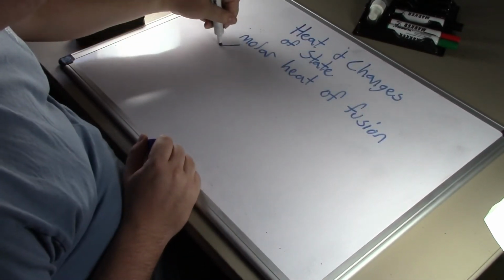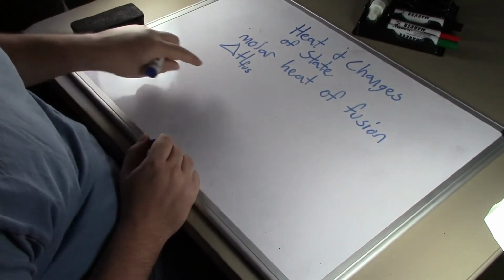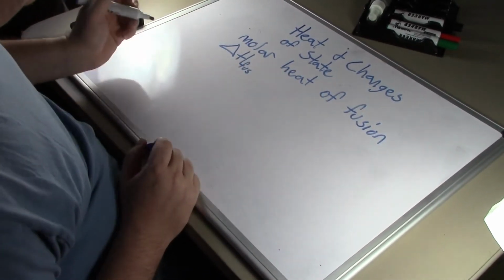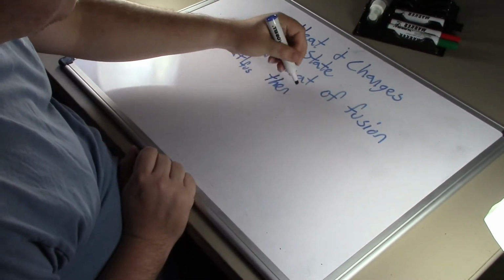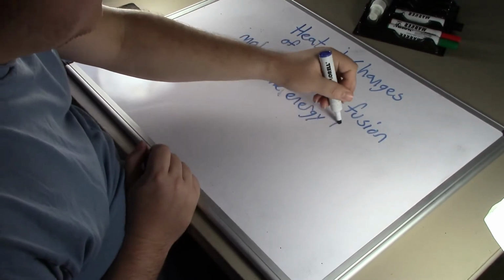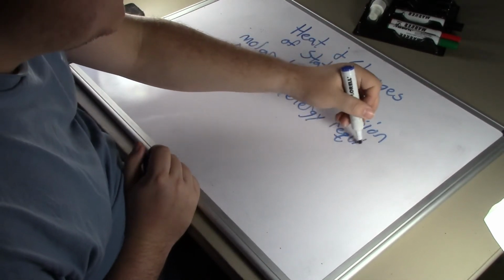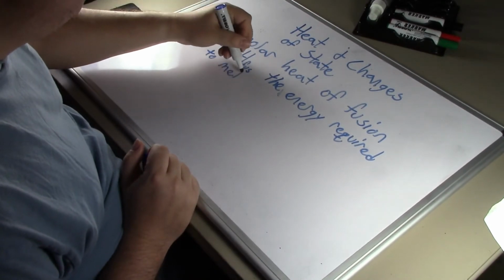It's represented by delta H with the subscript FUS, fuse for fusion. And this is the energy required to melt 1 mole of substance.